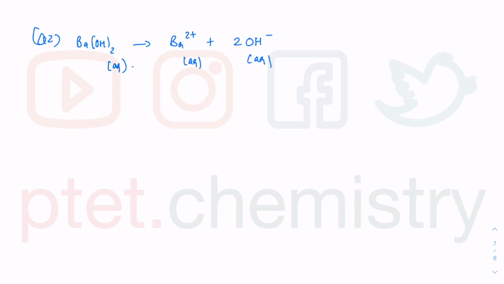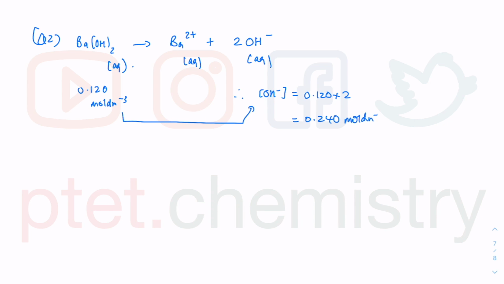So what you have is 0.120 mole per dm cube. What happens then is 1 mole of these will give you 1 mole of that and 2 moles of that in the same volume. So this is just dissociating to that. Therefore 0.120 will give a concentration of OH- of 0.120 times 2, which is 0.240 mole per dm cube.